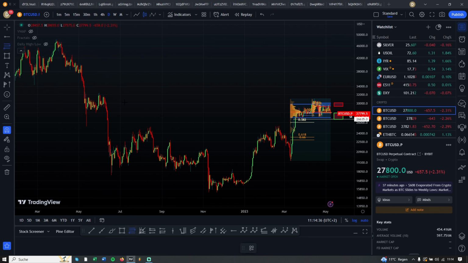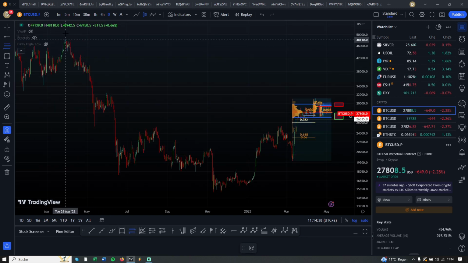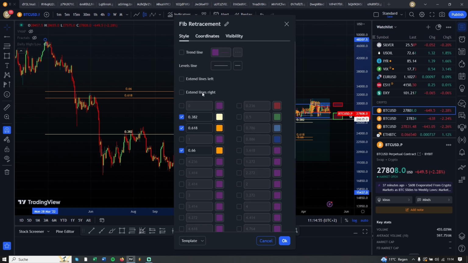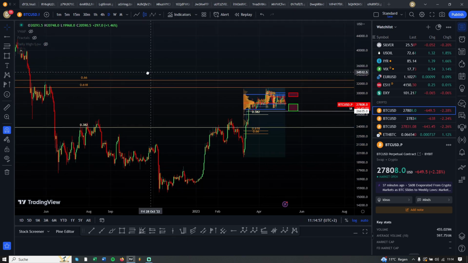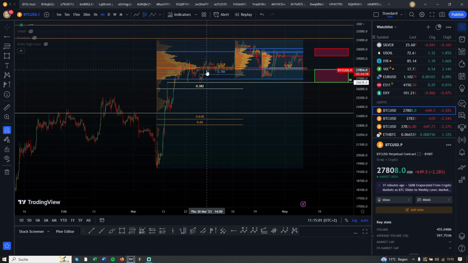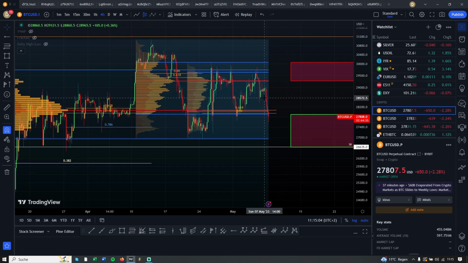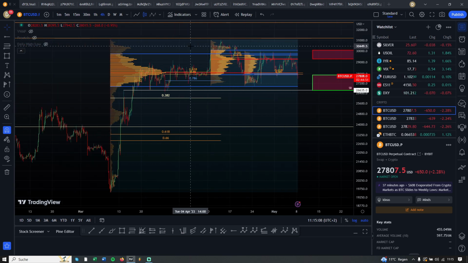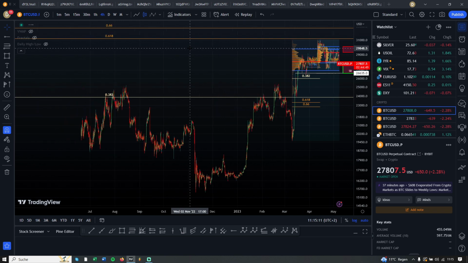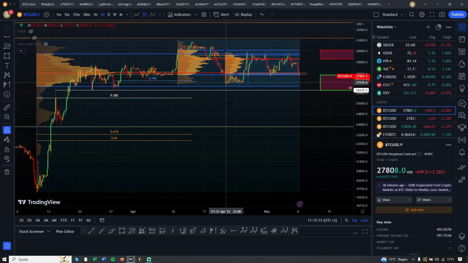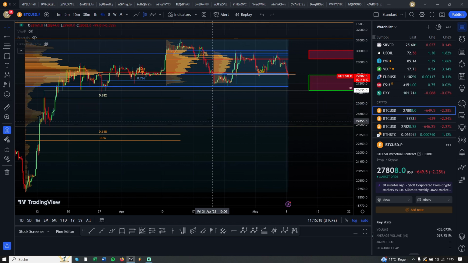So, and yeah, I think a really important one is this high here to the overall low we made in November. And this here we can extend to the right side. And yeah, here we can now see that the price was just rejected perfectly from the bottom of this CC or 618 fib retracement.